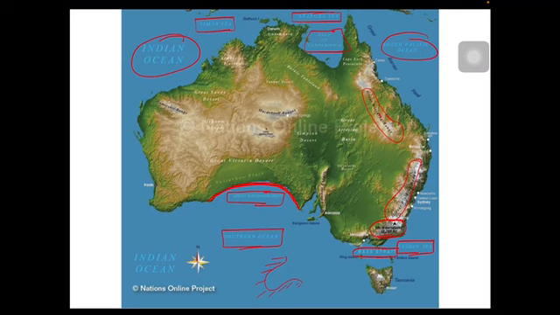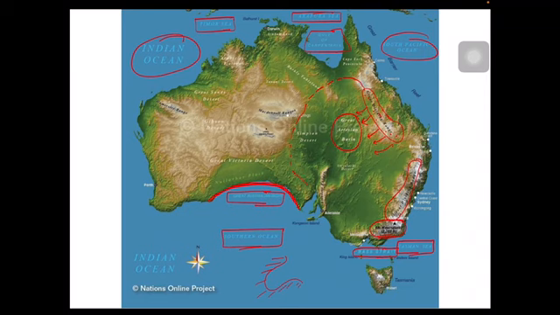The Great Dividing Range also acts as a very important watershed for Australia, and this is the Great Artesian Basin, because rainfall landing in the Great Dividing Range comes towards the multiple artesian wells that are available in this region. That's why you can see the green patch of Australia towards the east.